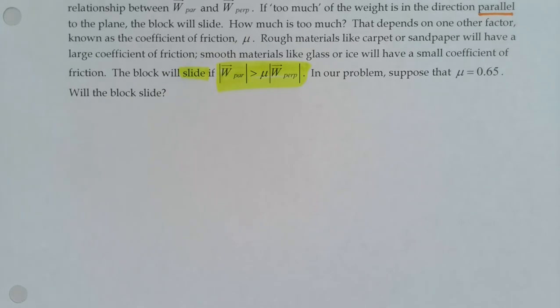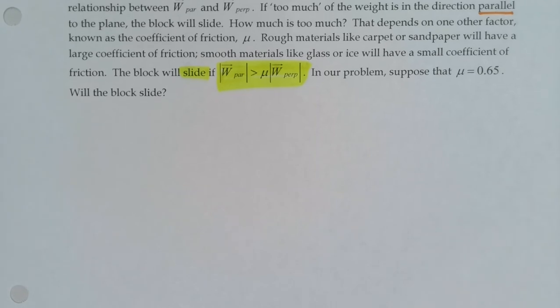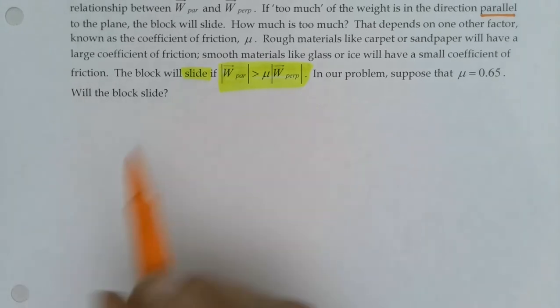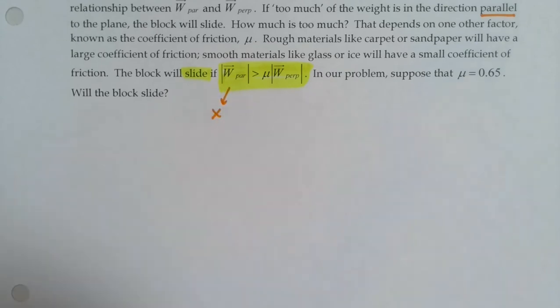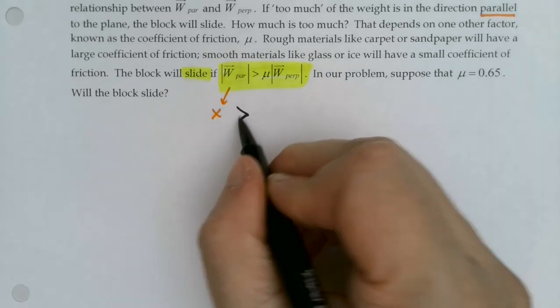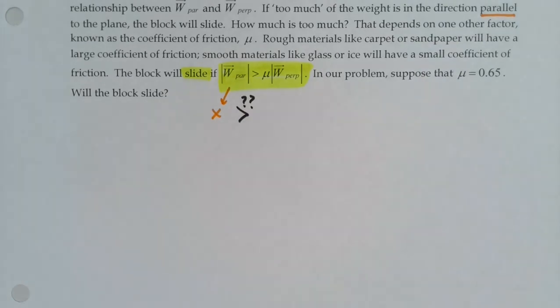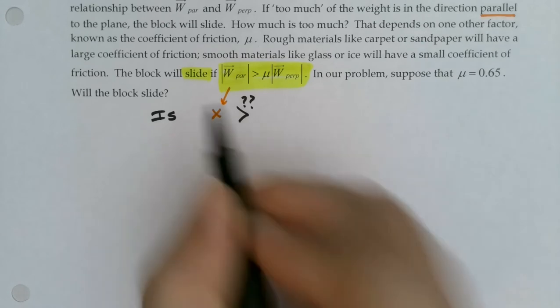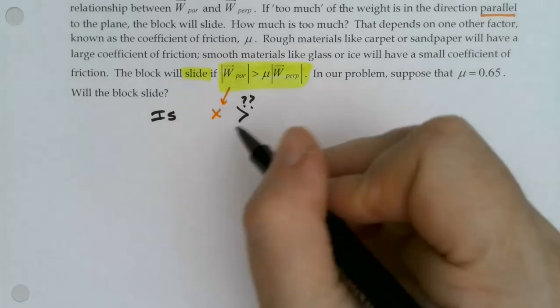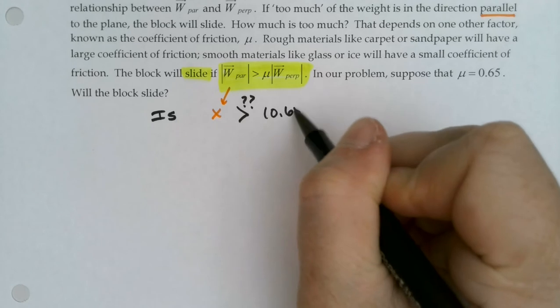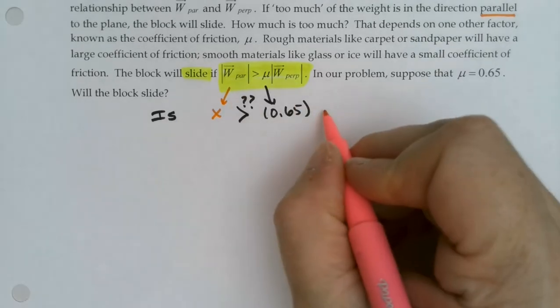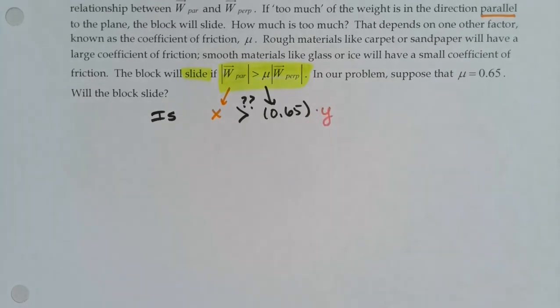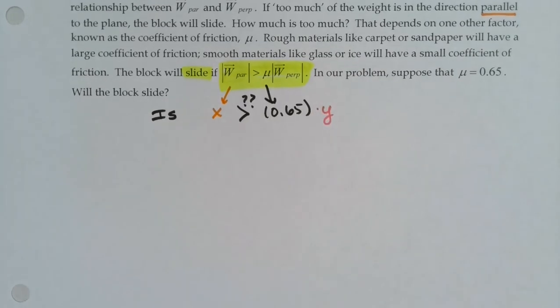Now suppose in our problem that mu was 0.65. Will our block slide? The component in the parallel direction was x for us. So is x greater than mu, which is 0.65, times y, the magnitude of our perpendicular vector?